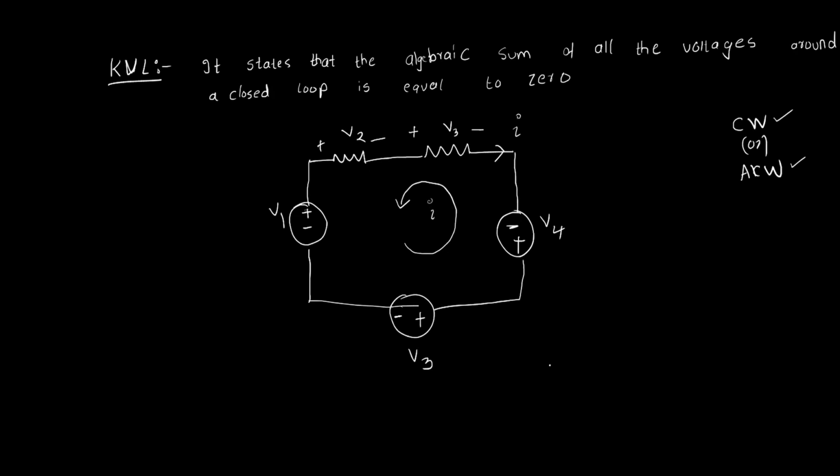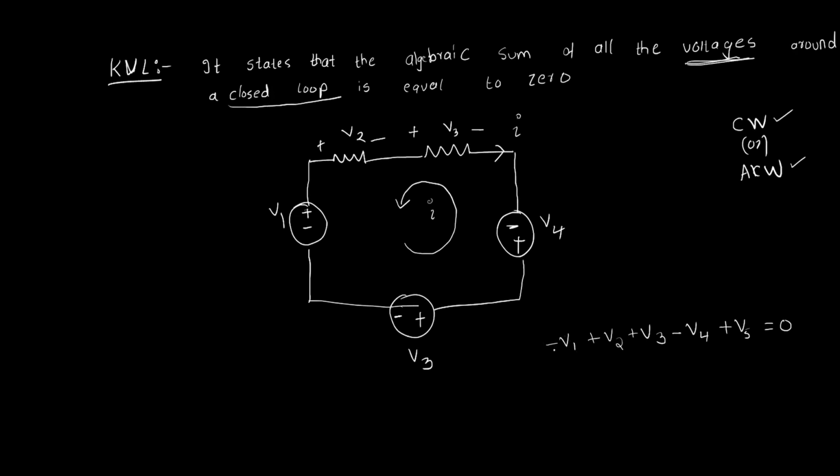By using KVL, if we write the equation for this circuit, we should write it as minus V1 plus V2 plus V3 minus V4 plus V5 equals 0. KVL states that the algebraic sum of all the voltages around a closed loop is equal to 0.